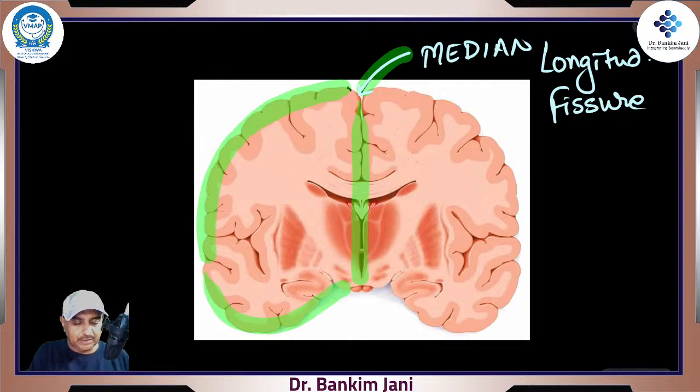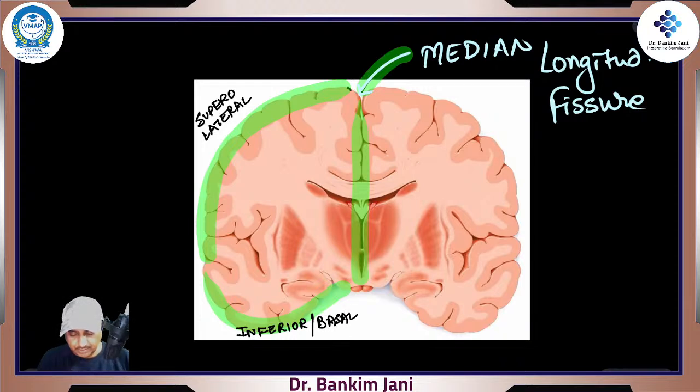This one would be the superolateral, superior and lateral. That's the area which we'll be focusing on today. This one would be basal or the inferior. And over here, this central one would be the medial surface.